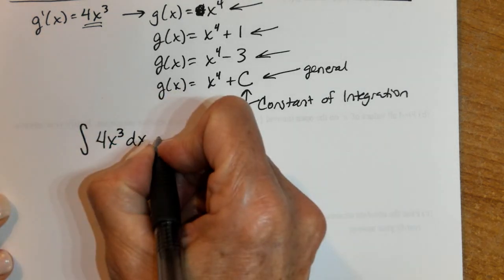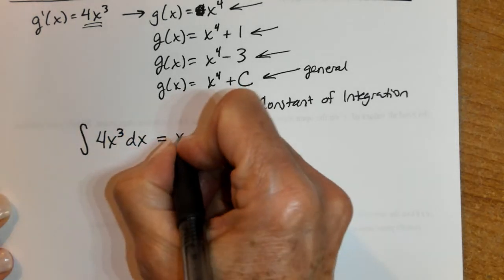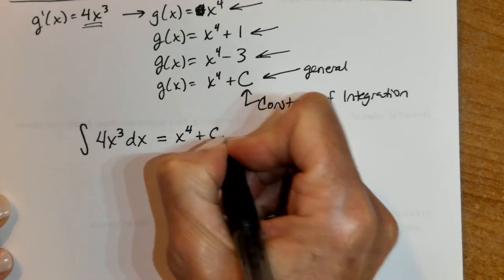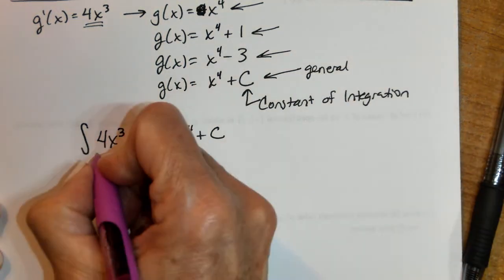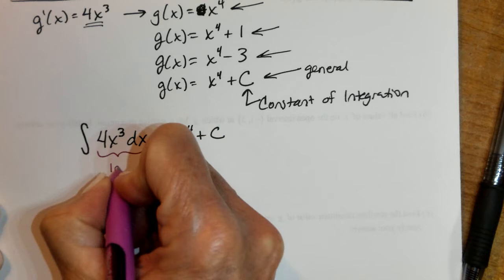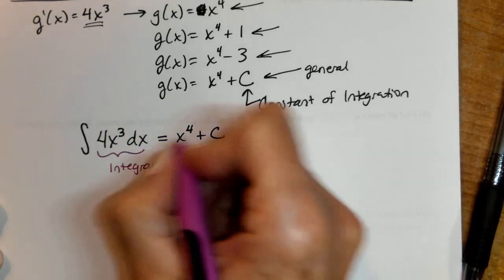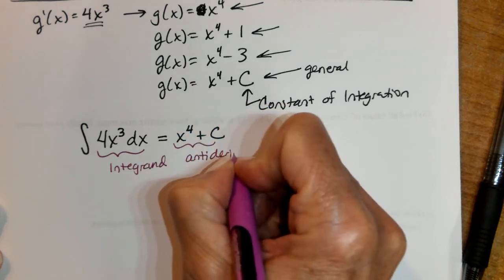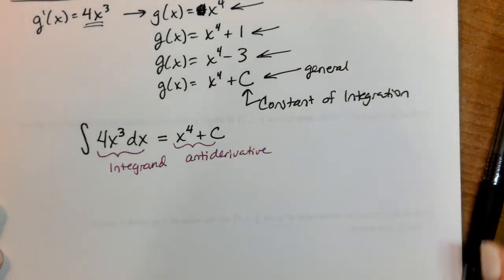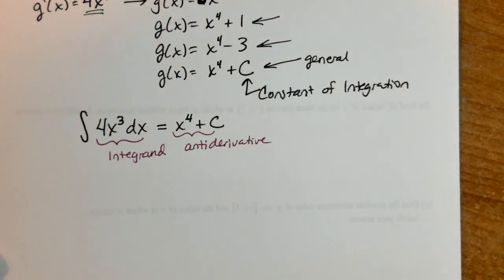So the antiderivative, the integral of 4x cubed, is x to the fourth plus c. And we are using the power rule here. By the way, the inside of an integral is called the integrand. This is called the antiderivative. The c is called the constant of integration.